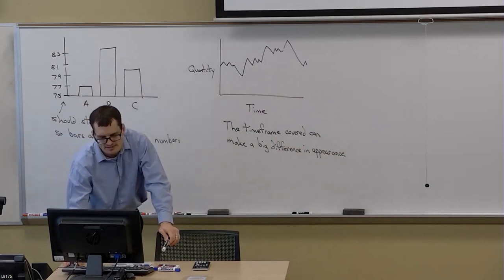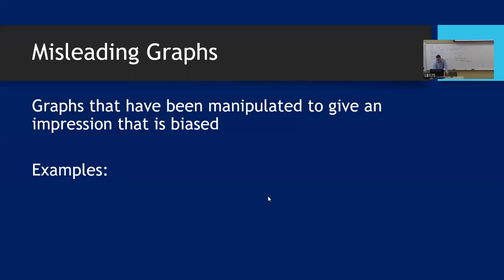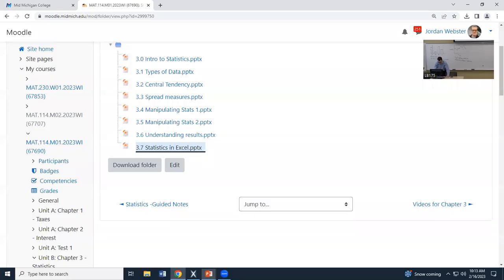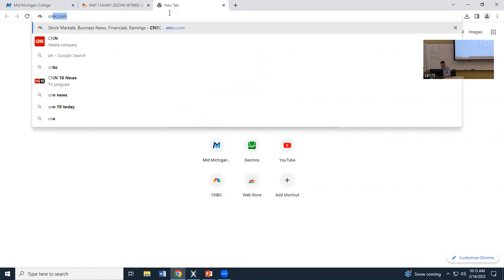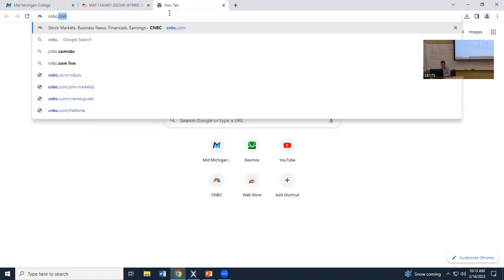Let me give you an example of that. Something that's very common to keep track of as far as change over time is the stock price.